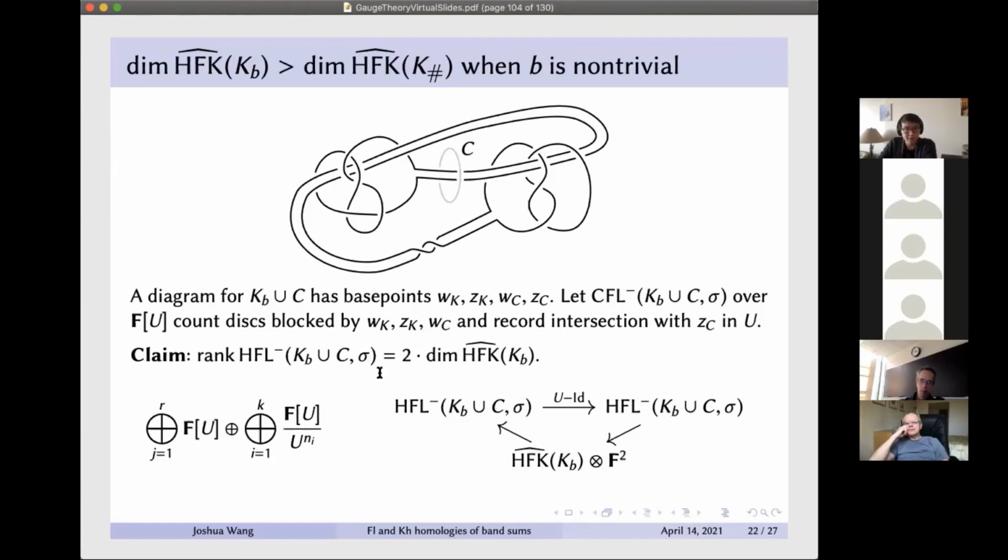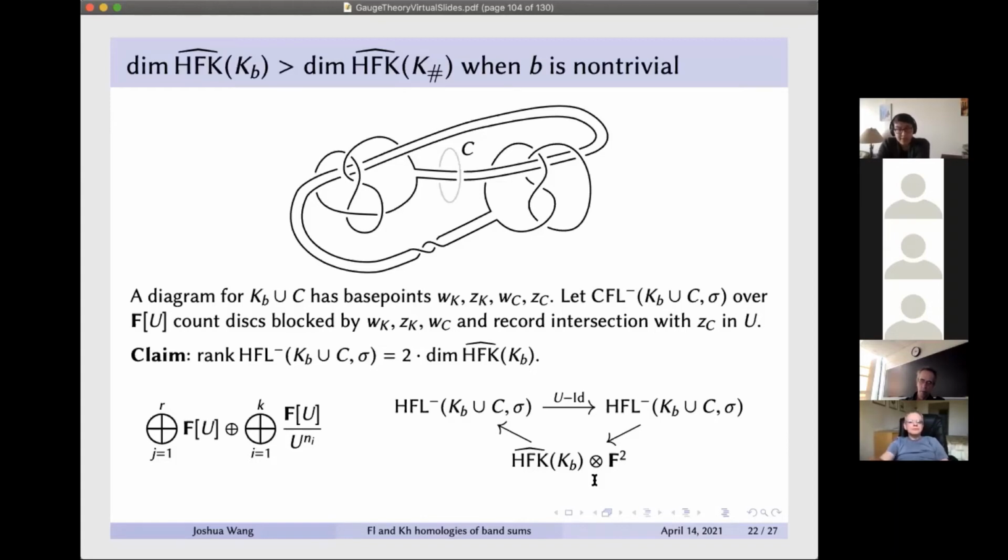Okay, and then this claim comes from an exact triangle, shown here. The top 2 groups are just this link Floer homology group, and this bottom group is the knot Floer homology of K_B tensored with a 2-dimensional vector space.